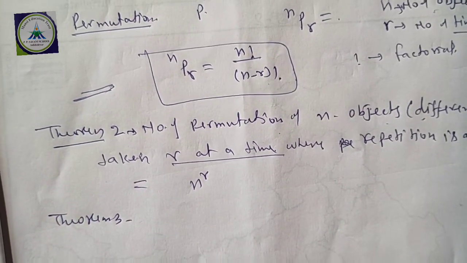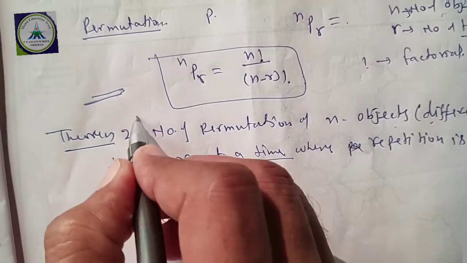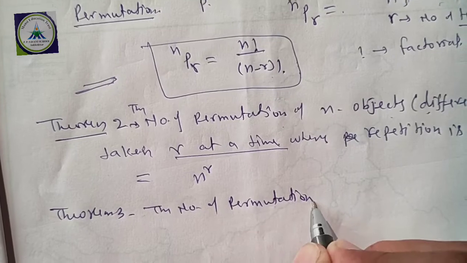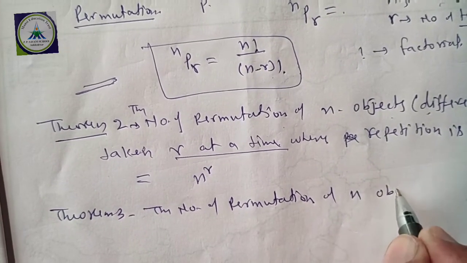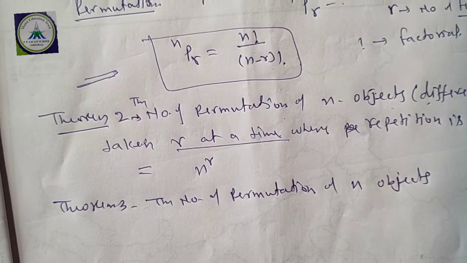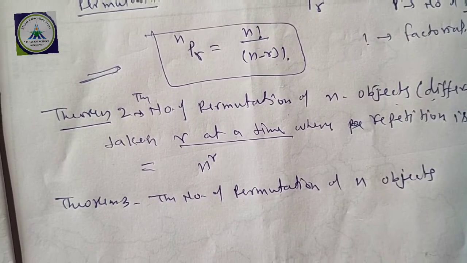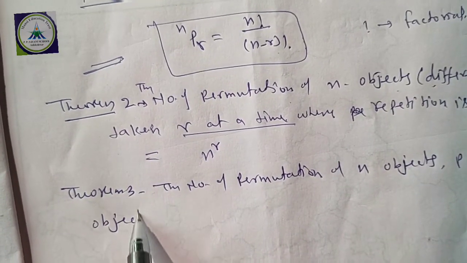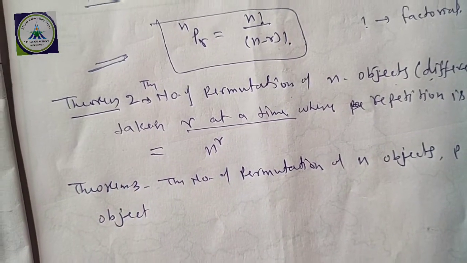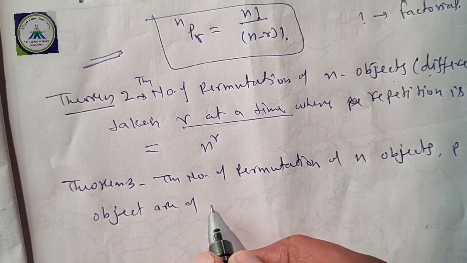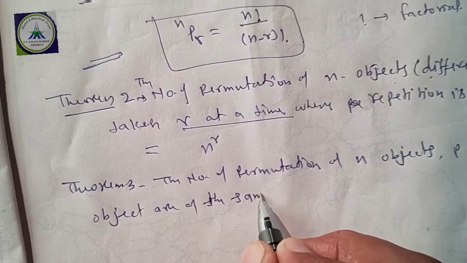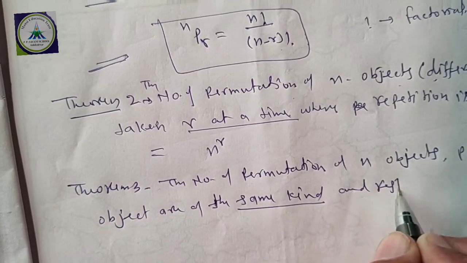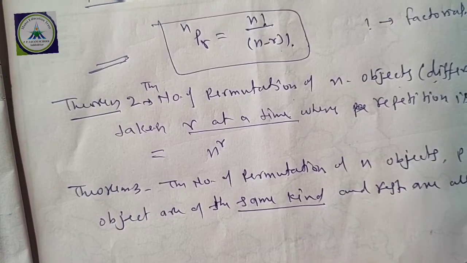Theorem number 3: the number of permutations of n objects, where p objects are of the same kind and the rest are all different.